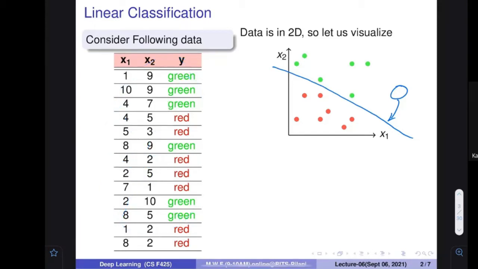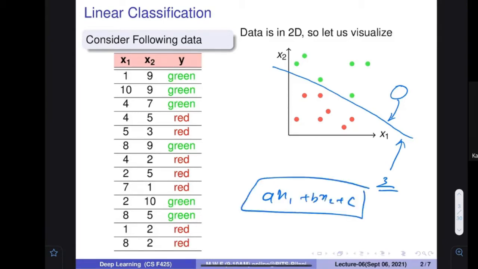A very important thing: the equation of the line would contain only three parameters. You know it is ax1 plus bx2 plus c. If you want to store this in your memory or database, how many values do you need?